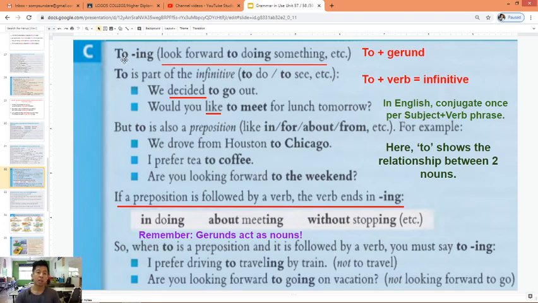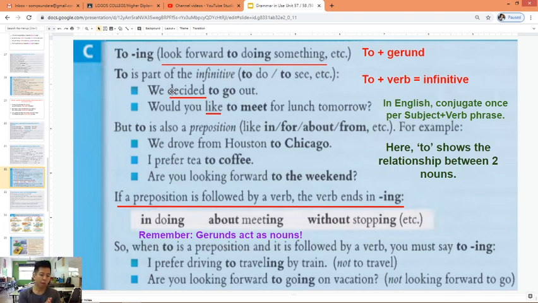To can be used as a preposition, or it can be part of the infinitive of the verb. If you remember, the infinitive of a verb is to plus the verb. Look at the example: to go, to meet. So to can be a preposition, or it can be part of the infinitive.